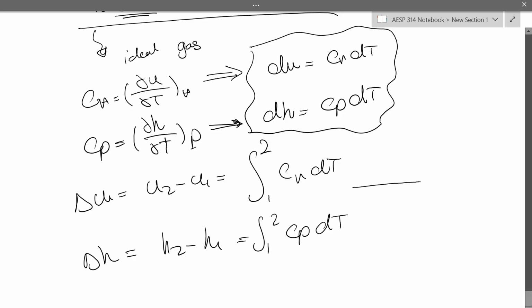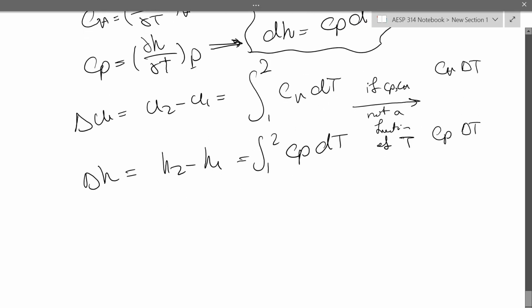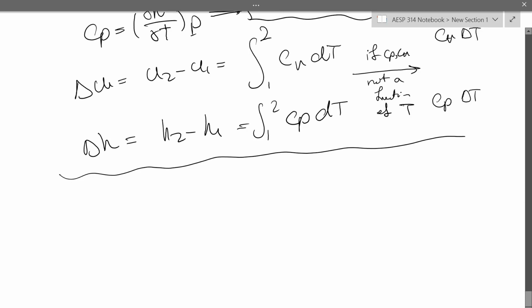So if Cp and Cv are not a function of temperature, then these equations become Cv delta T and Cp delta T. And this is actually an equation you have seen before, but for an extensive property, for Q, the total amount of heat.